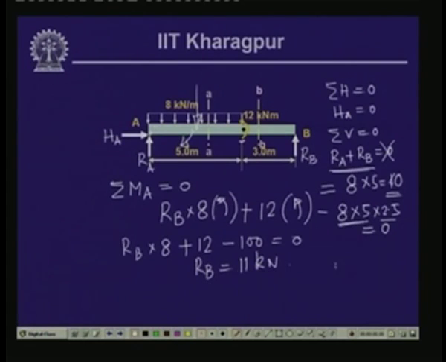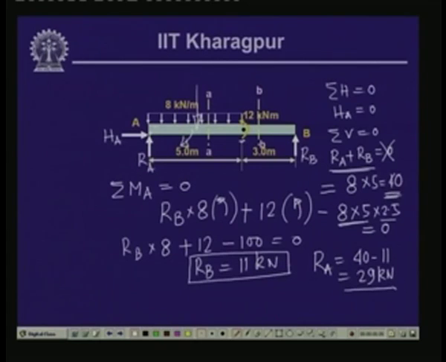Since RA plus RB is 40 kilonewton and RB alone is 11 kilonewton, RA is 40 minus 11, which is 29 kilonewton. So, the reactive values are RA equal to 29 kilonewton and RB equal to 11 kilonewton.